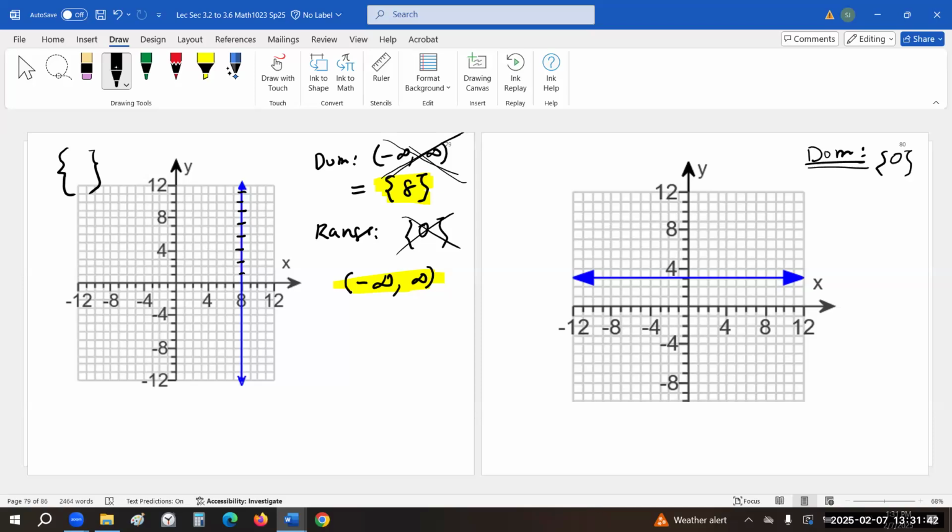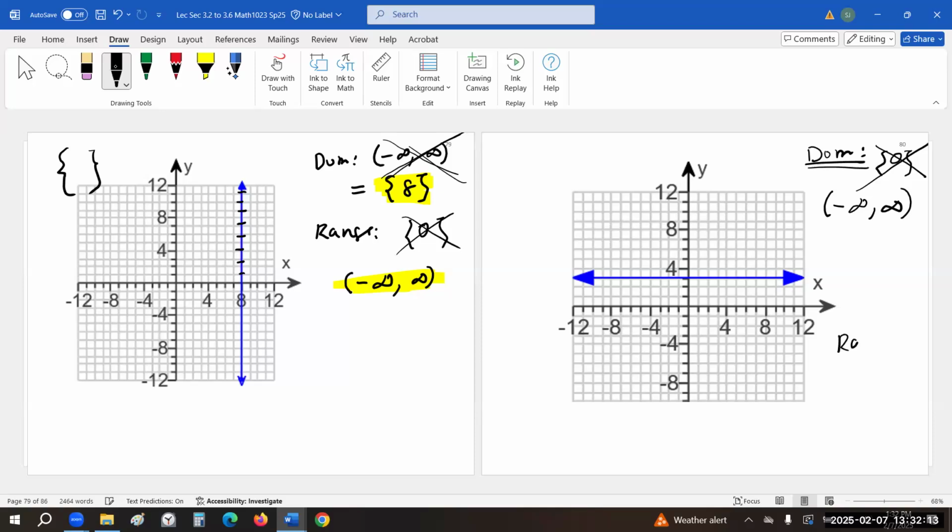But how about here? Don't you have any x value there? And the line is going on forever. So aren't we using all the x values from the left side to the right side? So the answer is not only 0, it's from negative infinity to positive infinity, everything. That line contains all the x values.